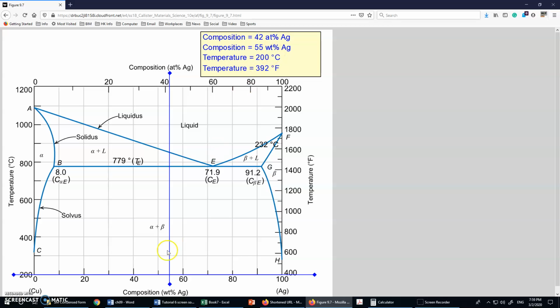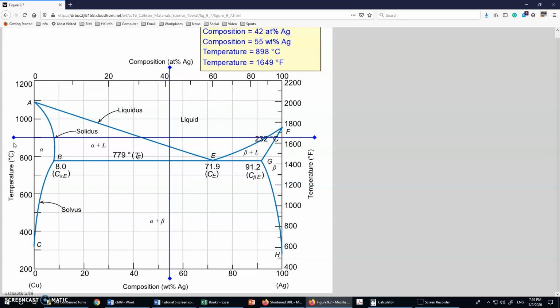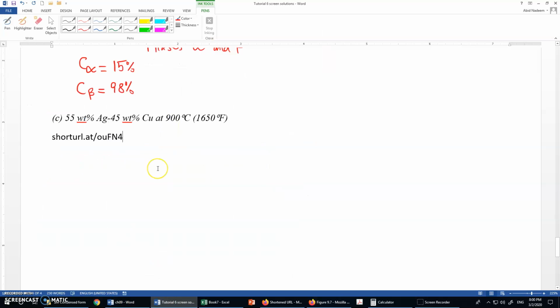So it's here, almost 900 degrees centigrade. As you can see, this point is in the liquid phase. So there is only one phase present, which is the liquid phase.